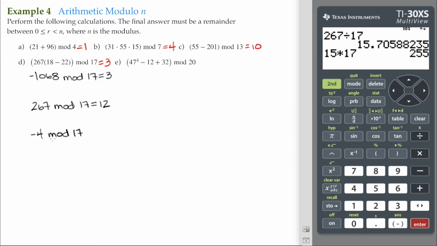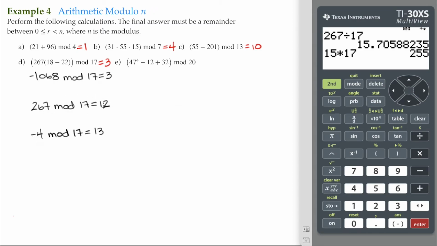And then negative 4 mod 17. We'll use that tip. Since we have a negative dividend and it is smaller than the modulus, we just subtract the dividend from the modulus here. So this is going to be 13. 17 minus 4 is 13.